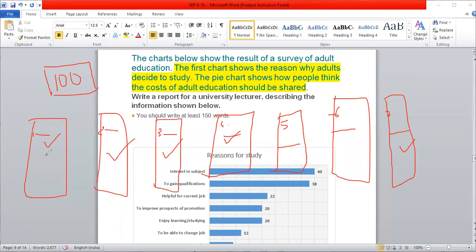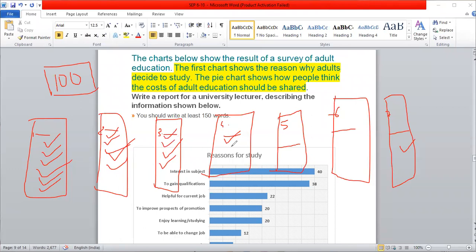Some will mark one particular question. So 40 people marked the first question, interest in subject. Only 38 people marked the second. The third, helpful for current job, only 22 marked it.